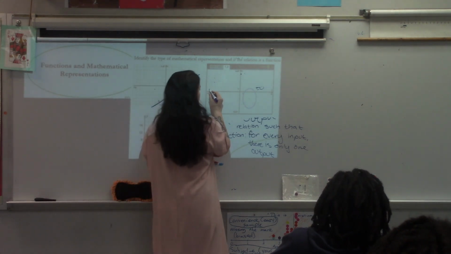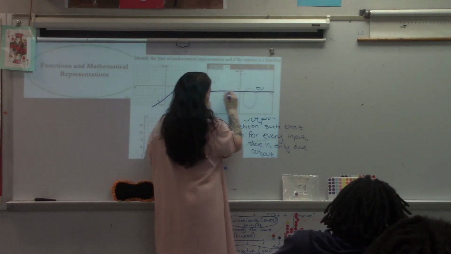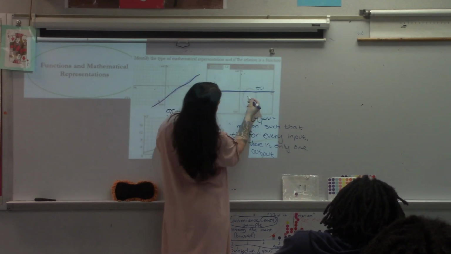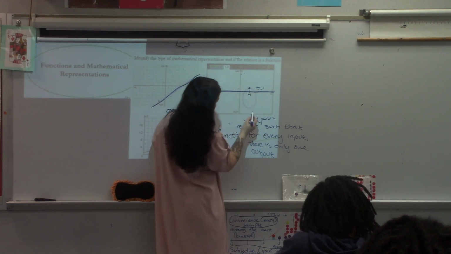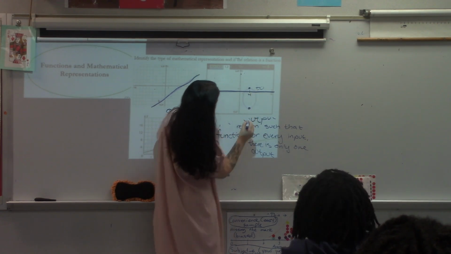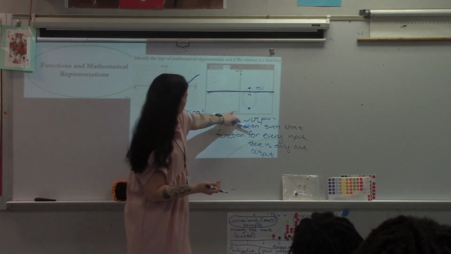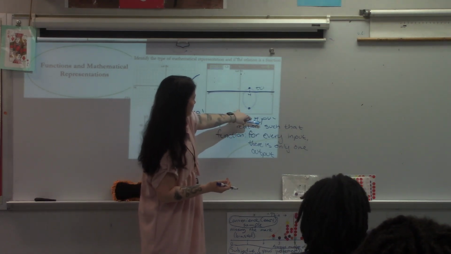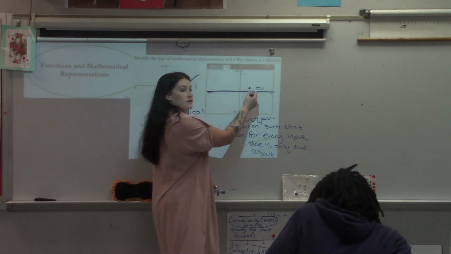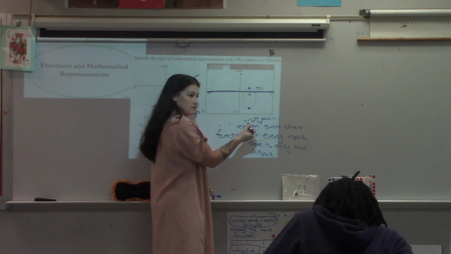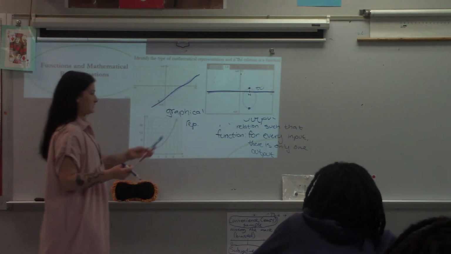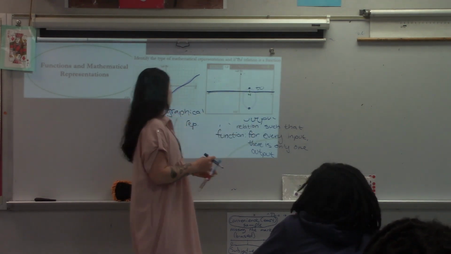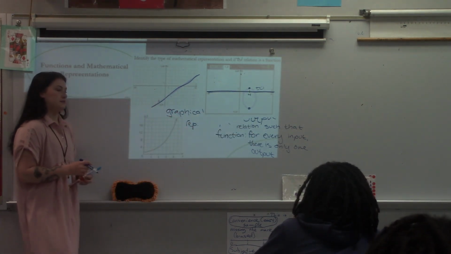Looking at our x-axis, I think this is x equals 4. We have a y of 1 and a y of like, I think it's -5. I can't really tell from here. But for 4, there are 2 different outputs, right? 2 different y values. So we can also use that way, but really simple and easy is the vertical line test.